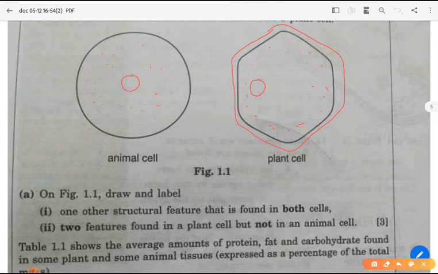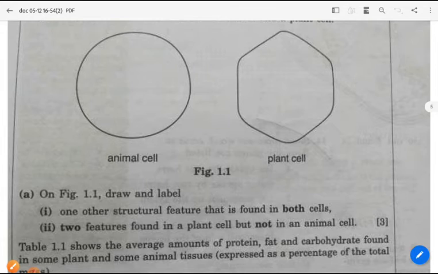And the second important feature is a big vacuole. This big vacuole is present only and only in the plant cell and absent in an animal cell. You can also draw the chloroplast, which is present in plant cell only and not present in an animal cell. So these are the two features that we can draw in the plant cell which are not found in an animal cell.